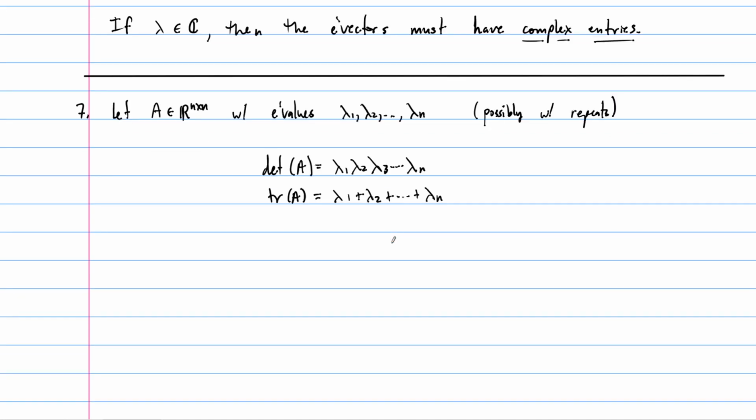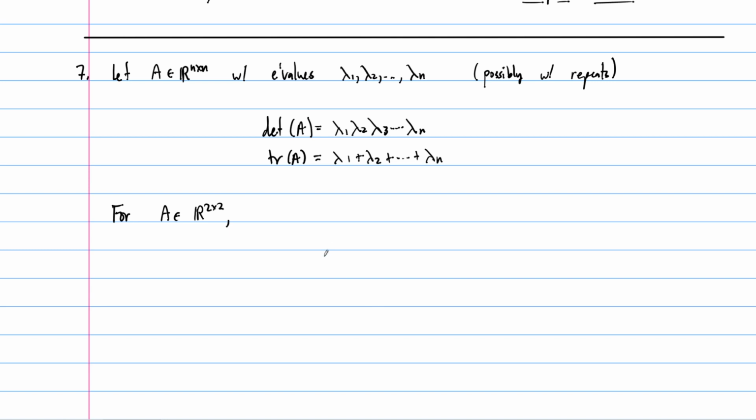All right, now for a 2 by 2 matrix, let's see what this tells us. For A in our 2 by 2, our characteristic polynomial is equal to lambda squared plus the trace of A times lambda plus the determinant of A. And it has to be this because there's 2 roots, so it has to be lambda squared plus the sum, lambda 1 plus lambda 2 times lambda, plus the product, lambda 1 lambda 2.